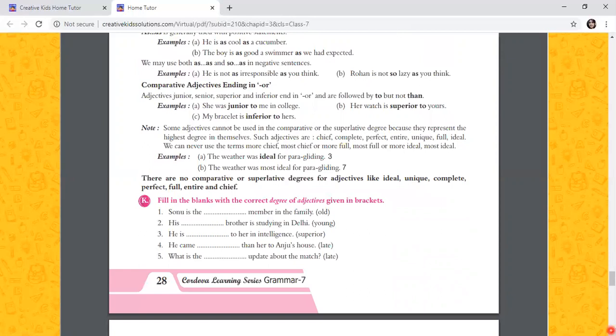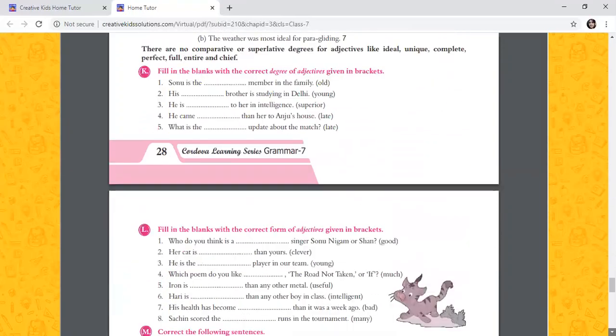There are no comparative or superlative degrees for adjectives like ideal, unique, complete, perfect, full, entire, and cheap. For all these words, the comparative or superlative degree will not be applied.